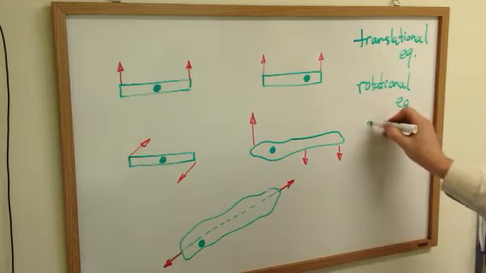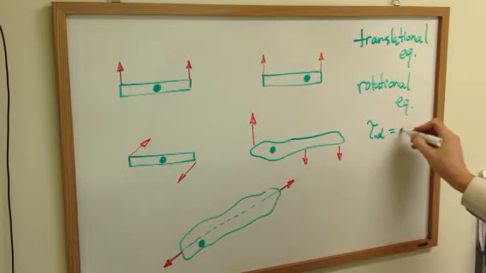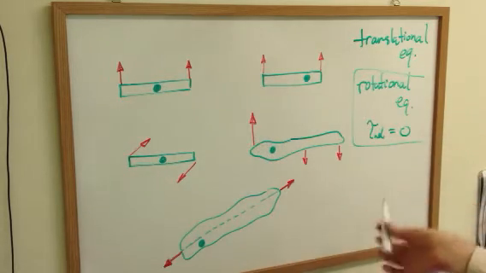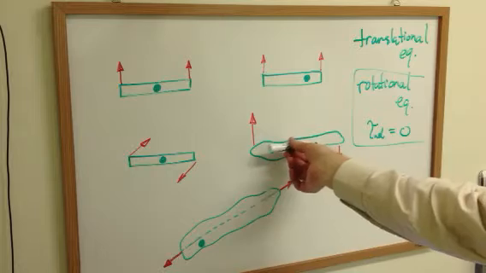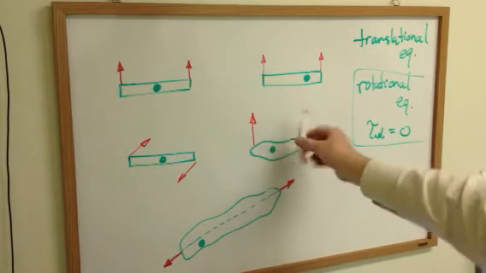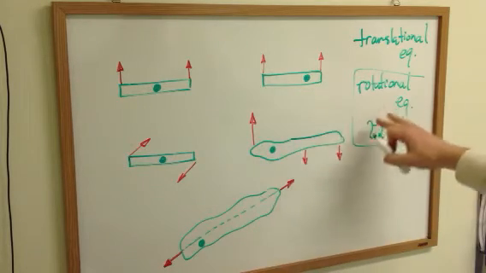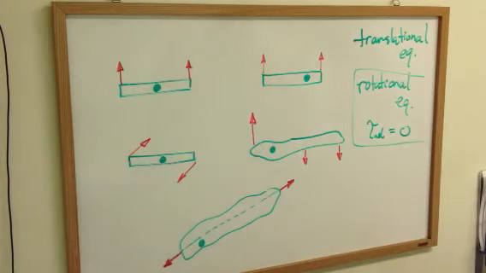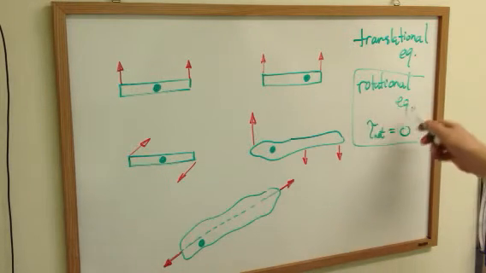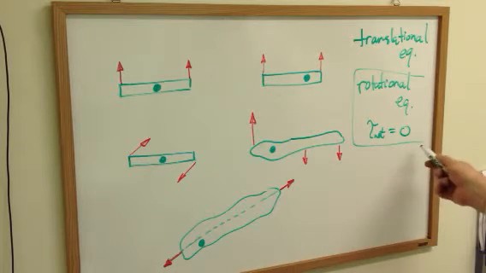So that is a question of whether the net torque is equal to 0. If the net torque is equal to 0, then something is not going to be twisted. There's no twisting action. Therefore, there's no rotation, and it's in rotational equilibrium. So to answer the question of whether or not something is in rotational equilibrium, you ask whether or not the net torque is 0.